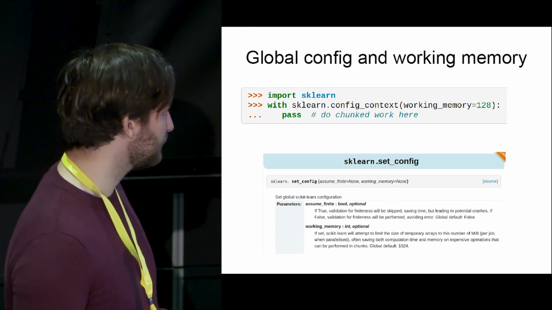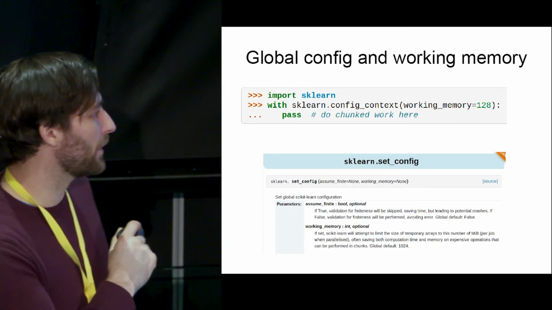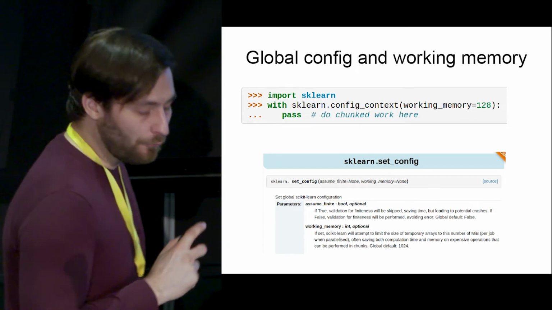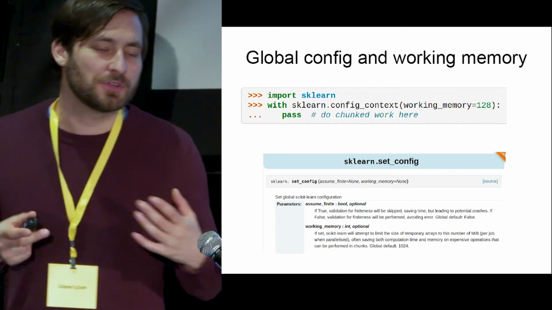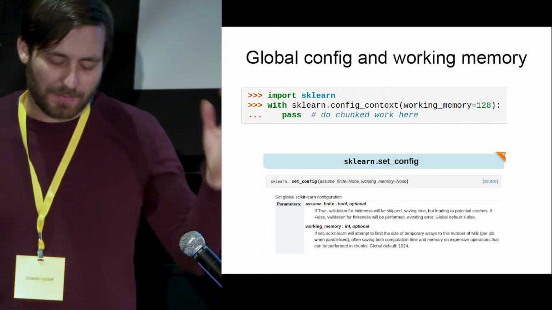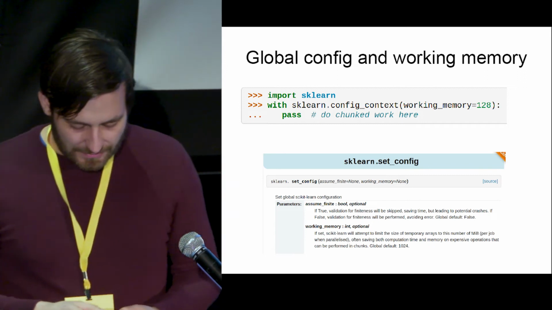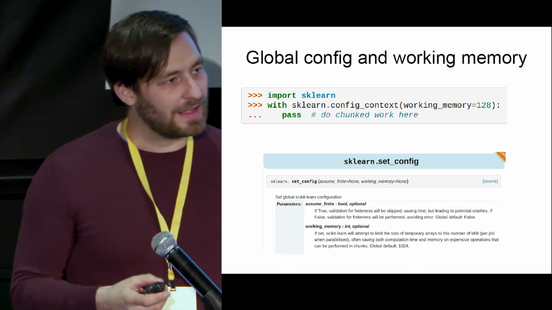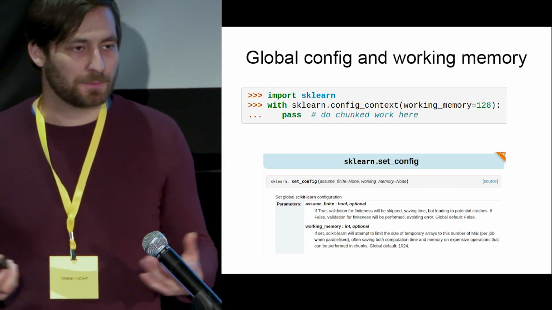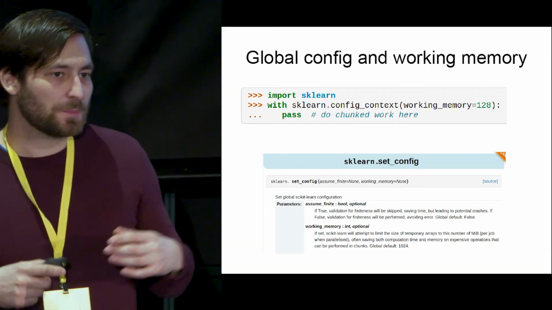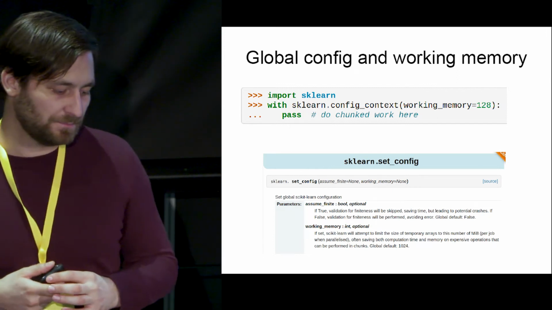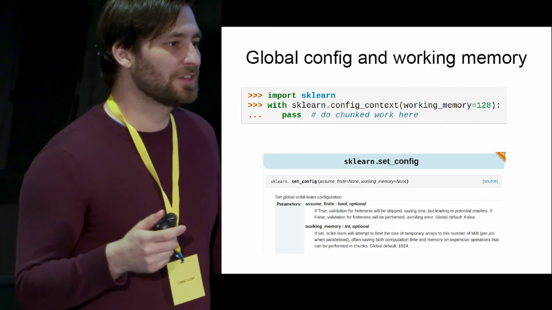as a result. The other thing that we just added is the working memory, which is mostly for if you want to compute big distance matrices or nearest neighbors between many samples. If you have 1 million data points and you want to compute the 3 nearest neighbors, you theoretically want to compute a 1,000,000 by 1,000,000 distance matrix, but that might kill your RAM.